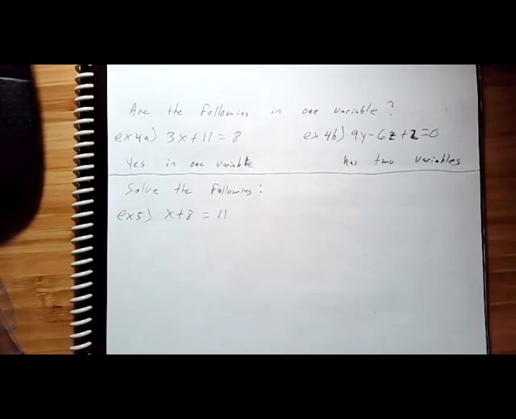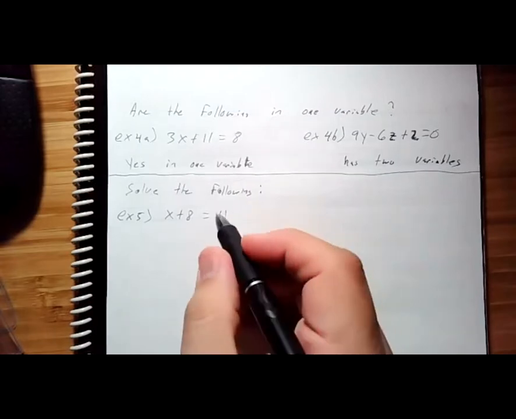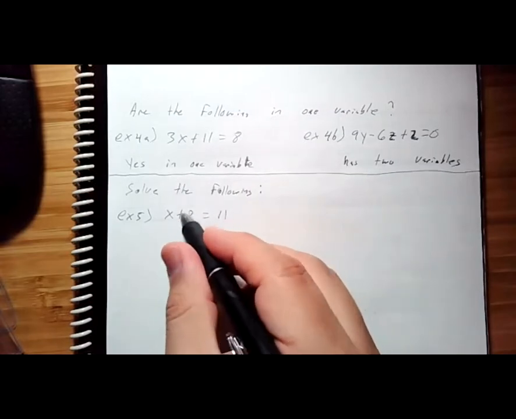So we're solving for x. I'm sure we've all done this at some point, but we're going to assume it's been a while. So I need to solve for x and there's an 8 in my way.